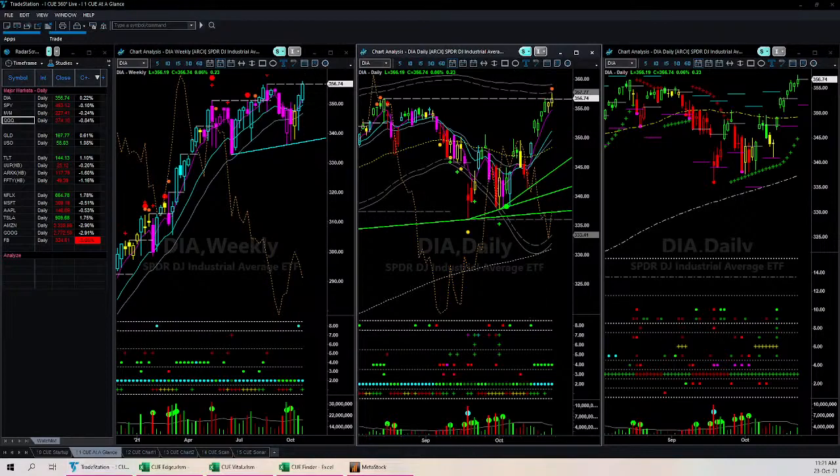Now still, DIA did make a new all-time high on Friday. So what we may do, we may look at Q index, see the Dow Jones constituents, and try to find out if there is any buying opportunity there.